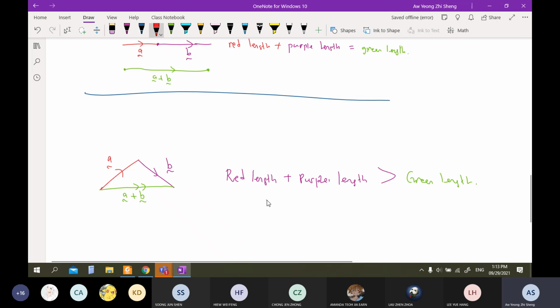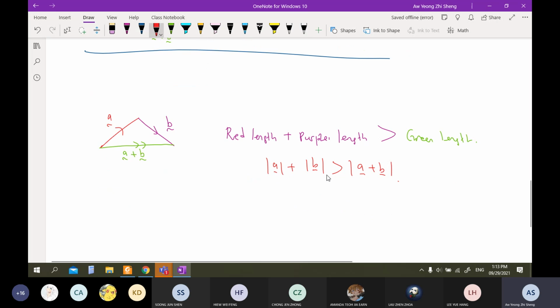Which means length of A plus length of B will be greater than length of A plus B, when A and B have different directions.